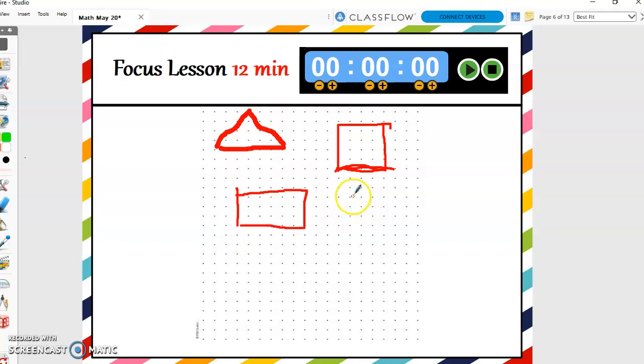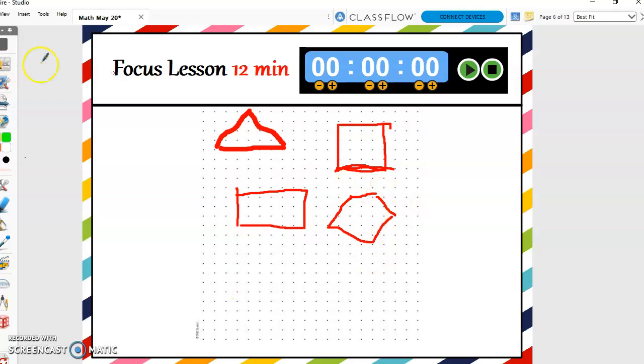Okay, we could draw a pentagon with 5 sides. That's kind of a rough pentagon. I think probably not exactly what I needed to do, but still we have 5 sides. 1, 2, 3, 4, 5, and we have 5 corners. 1, 2, 3, 4, 5.